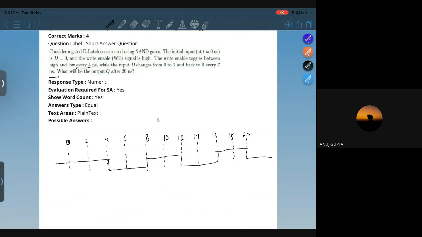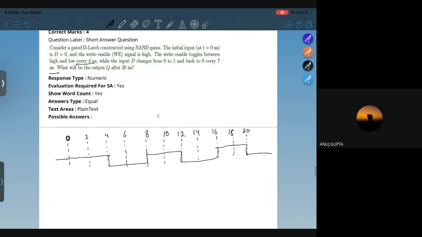Now D changes from 0 to 1 and 1 to 0 every 7 seconds. So initially D is 0. So this is WE. This is D. So initially D is 0.